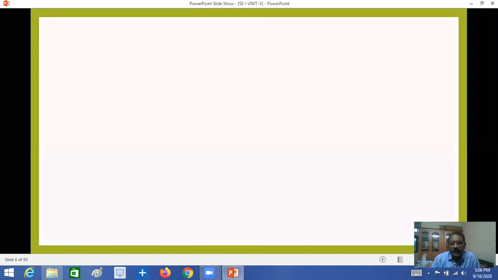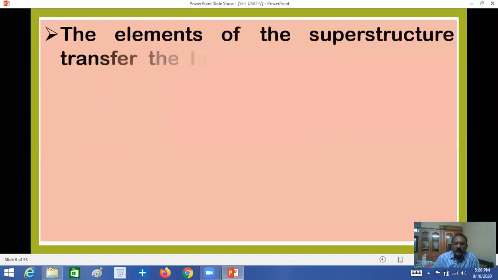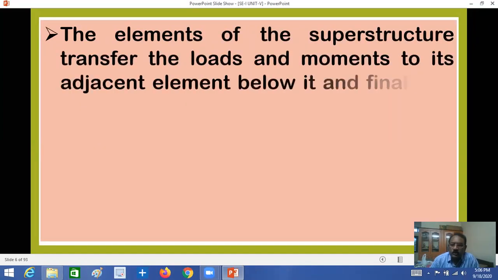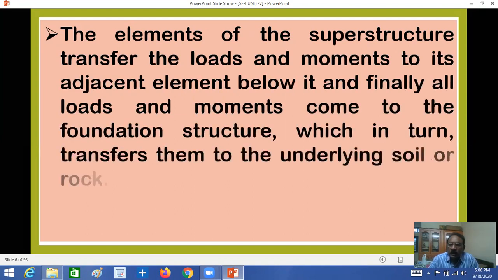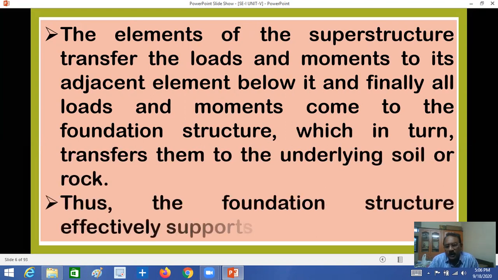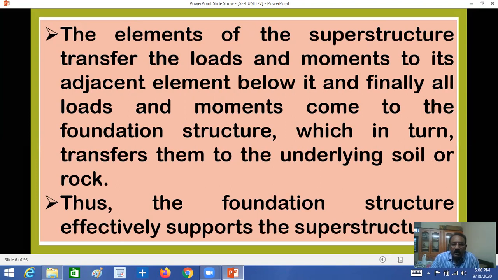Next, the elements of the superstructure transfer loads and moments to the footings. So footings are designed for moments and loads. The elements of the superstructure transfer the loads and moments to the adjacent element below, and finally all loads and moments come to the foundation structure, which in turn transfers them to the underlying soil or rock.